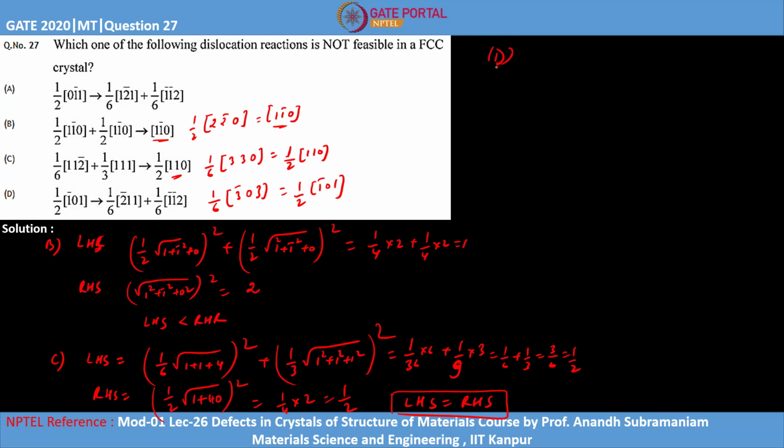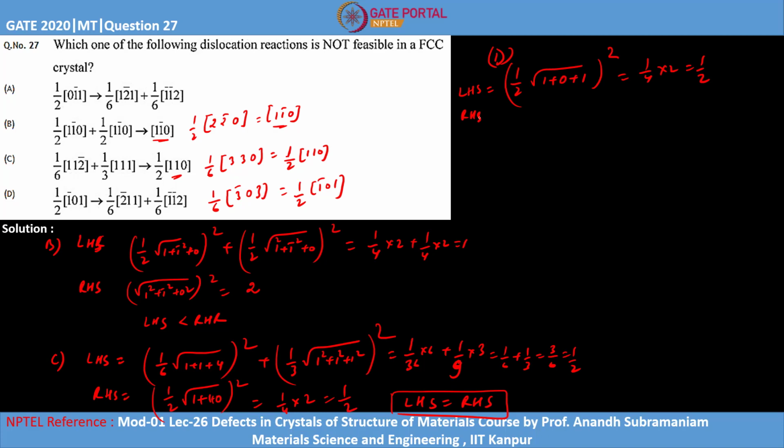So in this case we have a balance, so it's a feasible one, right? Basically an equilibrium condition. Option D, if you check, we'll have 1 upon 2 under root 1 bar square will give 1, 0 square will give you 0, and 1 square will give you 1 to the whole square. This is our LHS. So it's equal to 1 upon 4 into 2, that is 1 by 2.